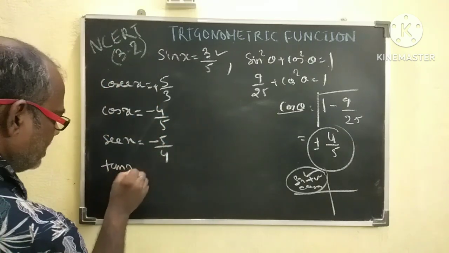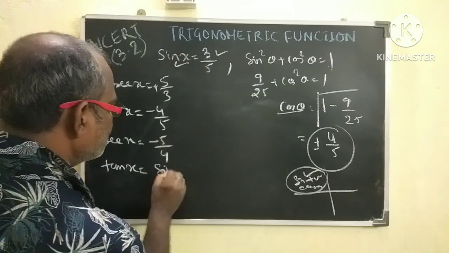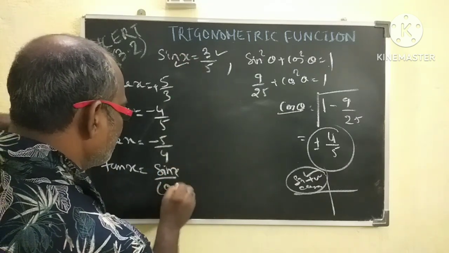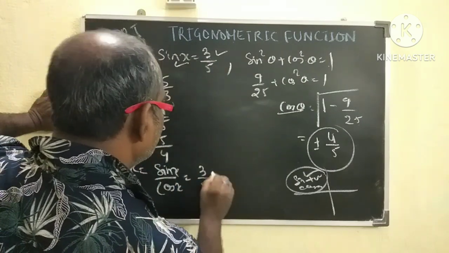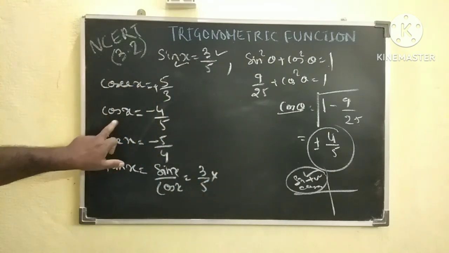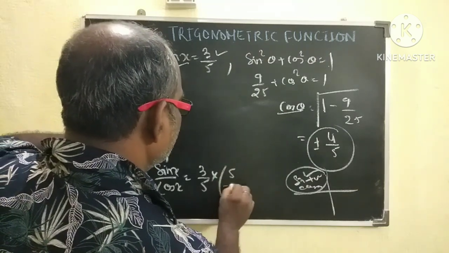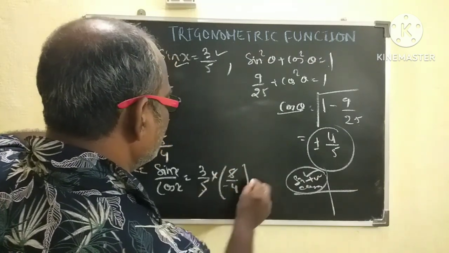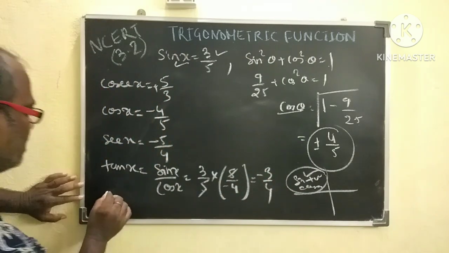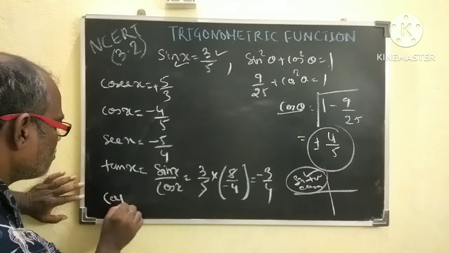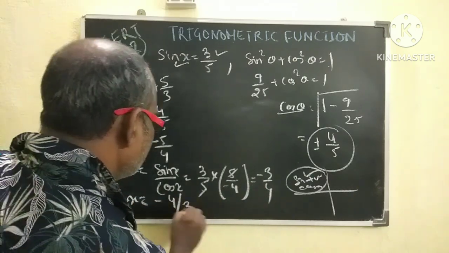Then we know that tan x means sin x by cos x. Here sin x is 3 by 5 and cos x is minus 4 by 5, so we get minus 3 by 4. Similarly, cot x equals minus 4 by 3.